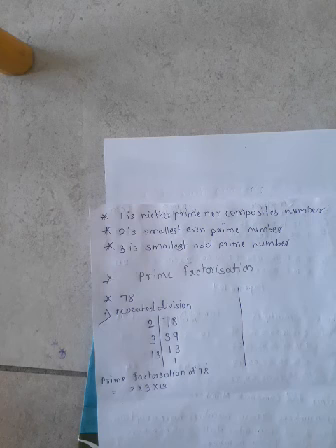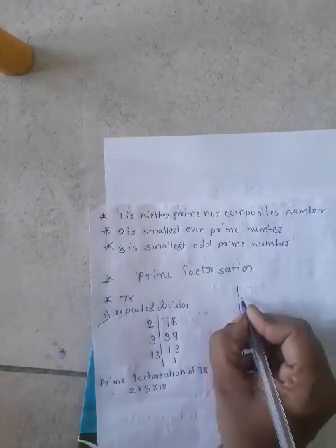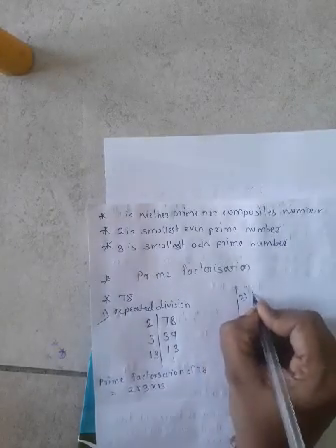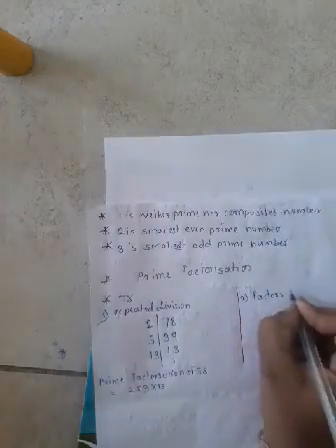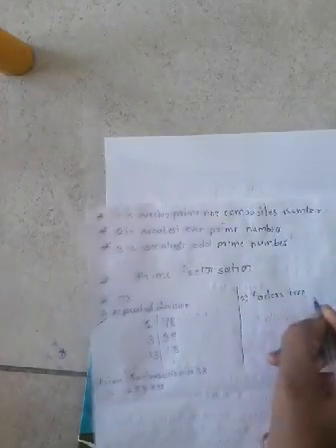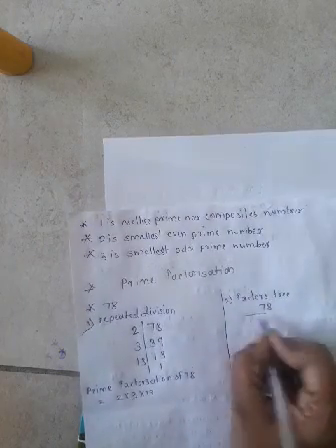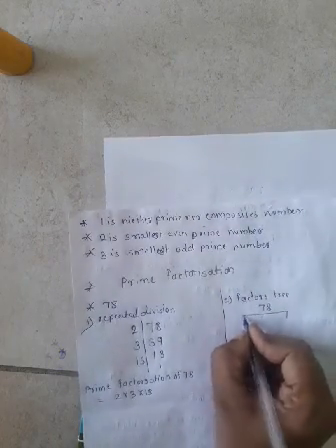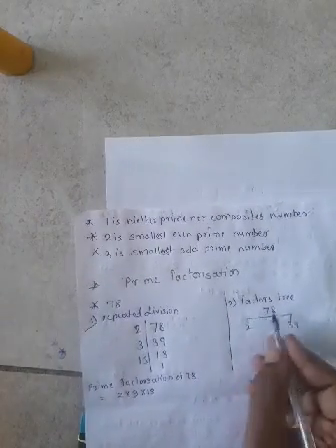Now next one, which is the procedure there? Method 2, building factor tree. We call that factor tree. How to do? 78 right here. 2 39s are 78.